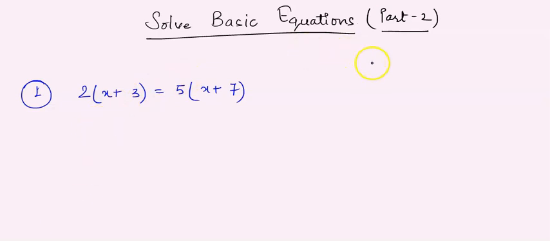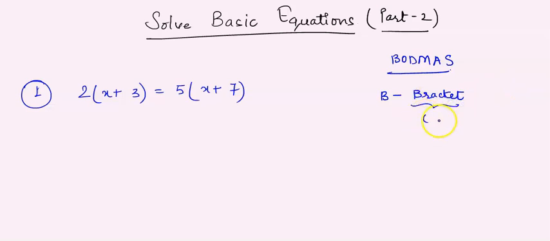So first of all, we know a rule that we call BODMAS. Have you ever heard of it or not? Now, what is B? B is bracket, or braces, you can say. What kind of brackets are these?